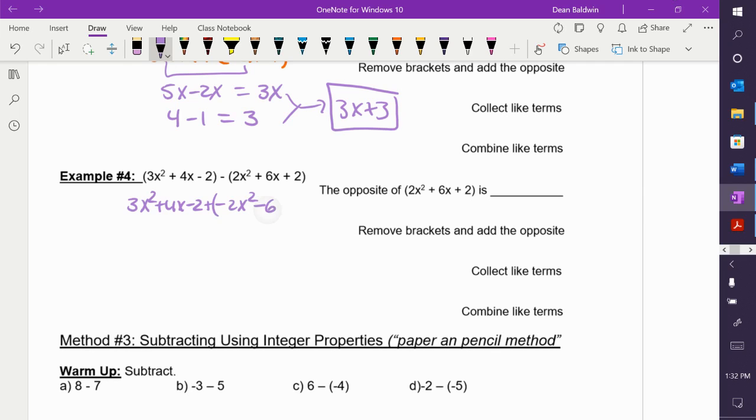The 6x becomes negative 6x, and the 2 becomes negative 2. And then combine your like terms. So I want you to do that.